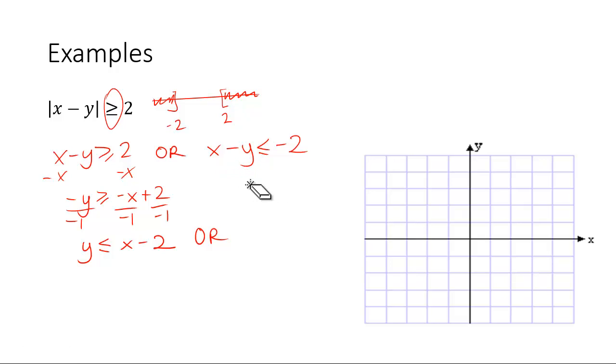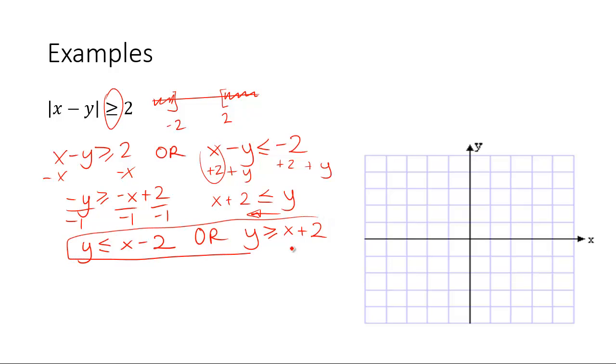Now notice you could do the same thing, or you could actually add y and then add the 2, leaving you with x plus 2 on this side and then y on this side. Now if you read it this direction, that actually says y greater than or equal to x plus 2. But you can prove that for yourself if you like, or do it the way that the first one was done. So let's graph these two.